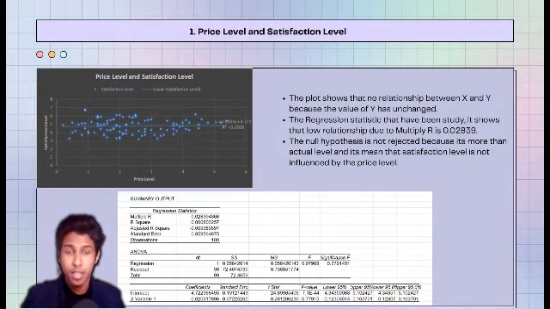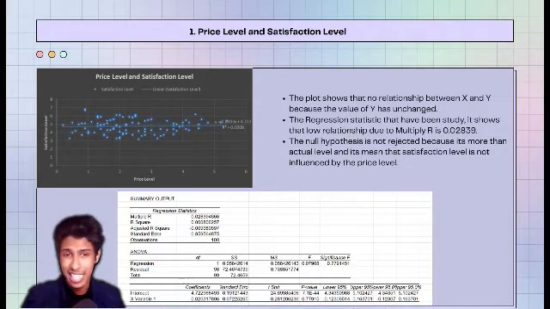Next, the regression statistics that have been studied show a low relationship, as multiple r is 0.02839. The r square indicates that 0.008% is influenced by the price level. The relationship is shown as positive on the slope, as shown as 0.0203.